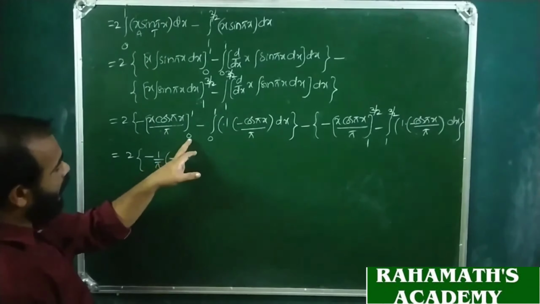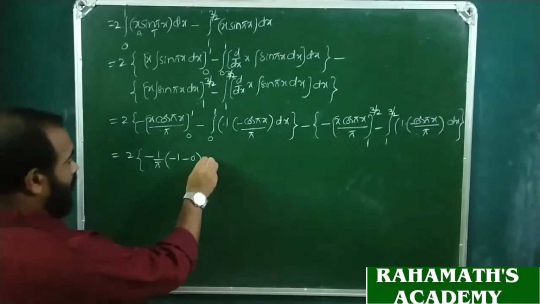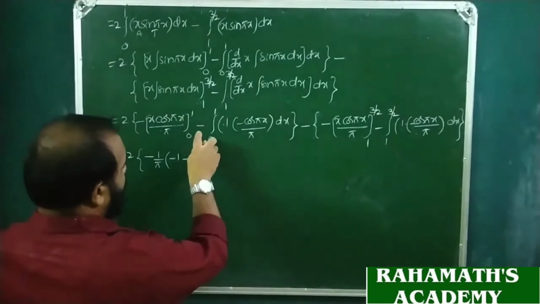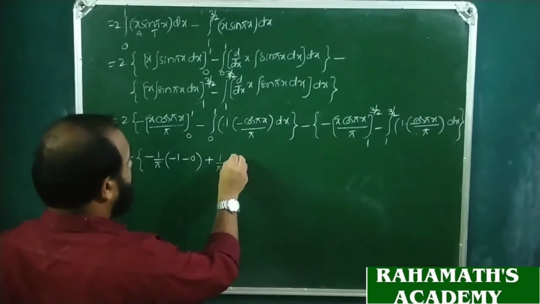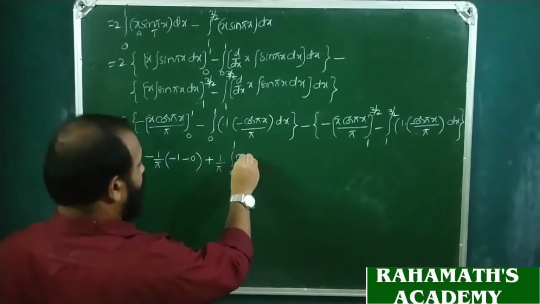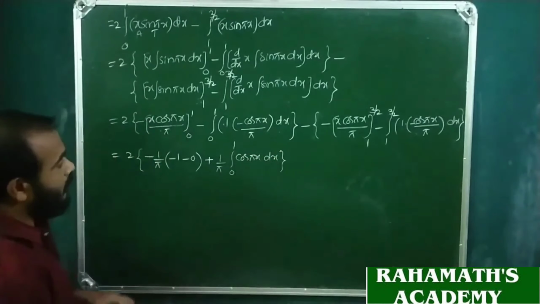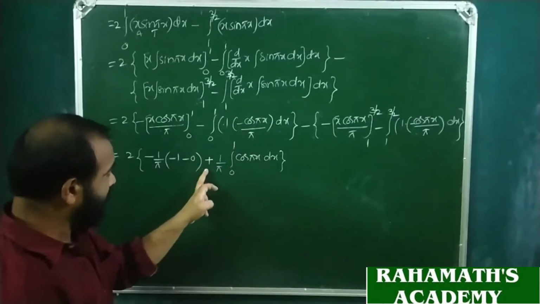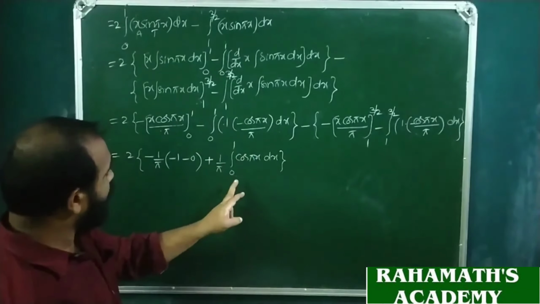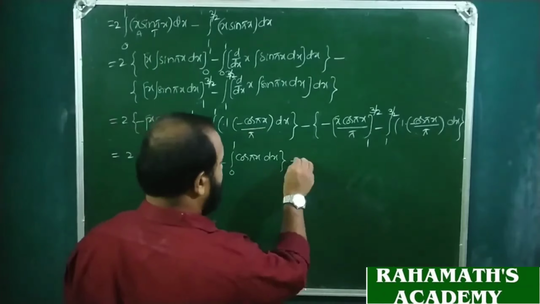Minus lower limit 0 into something is 0. This is over. Minus into pi into integral 0 to 1 cos pi x dx. Minus into minus plus 1 by pi into integral 0 to 1 cos pi x dx.